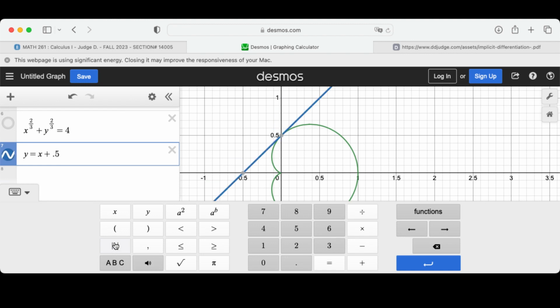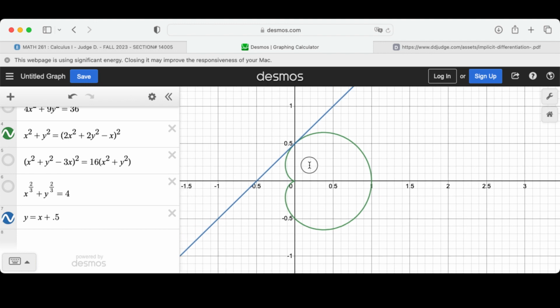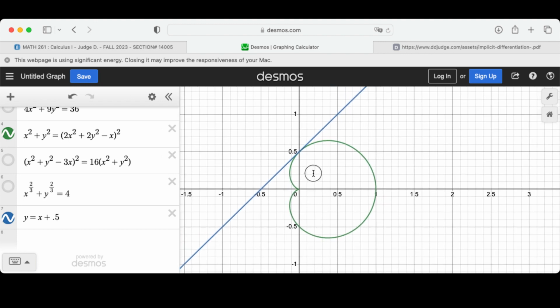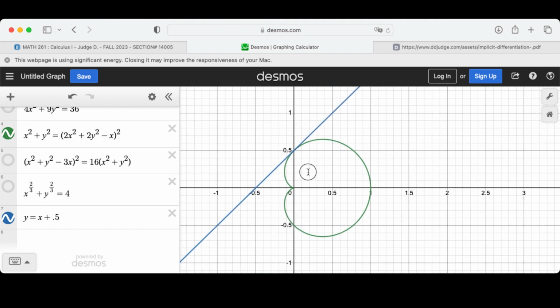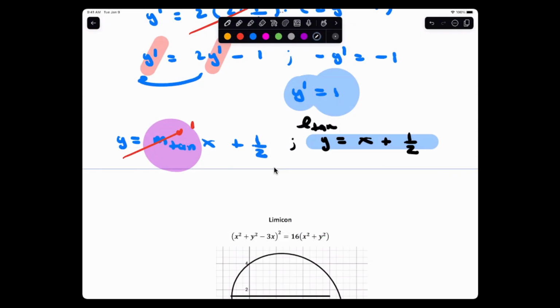Okay? Now, sure enough, what do you guys see? Isn't that kissing the curve at the point 0, 1/2? Okay, there's the tangent line we're looking for, ladies and gentlemen. So those are all the details.